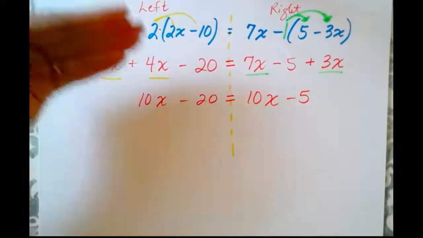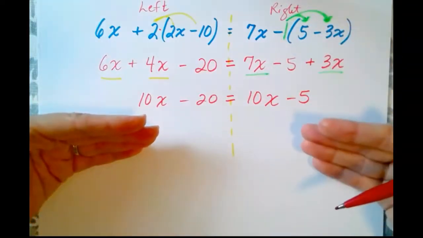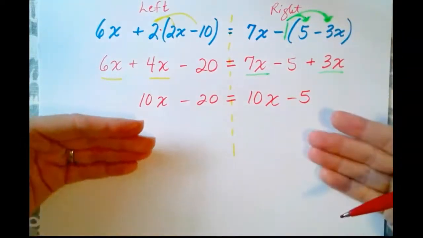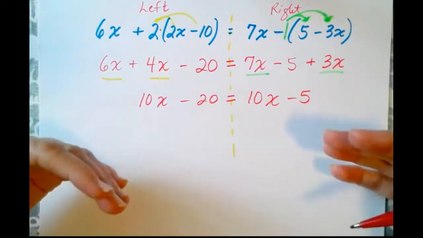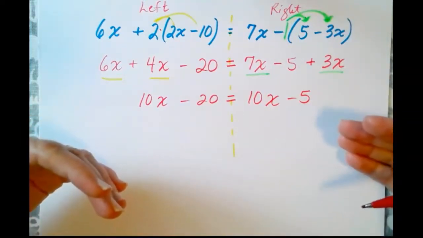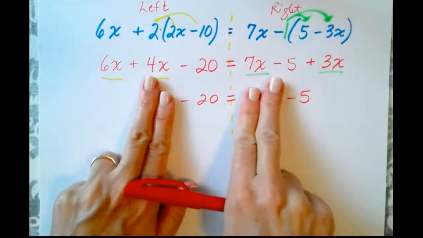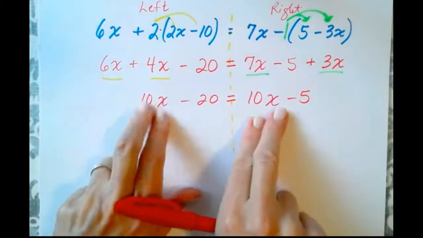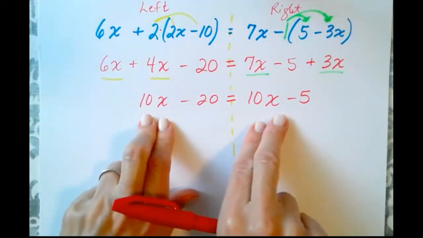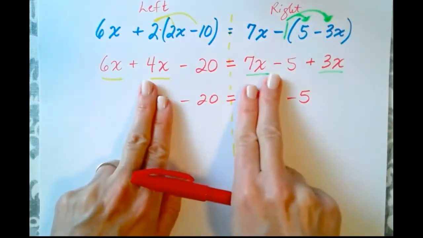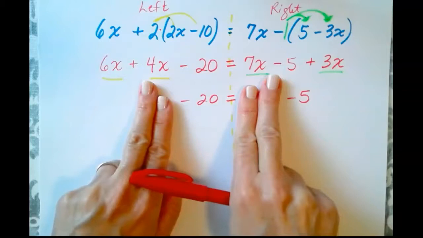Now that we've got the left-hand side simplified, the right-hand side simplified, let's take a look here. Don't just march ahead without considering what's actually given in this situation. The situation is like the previous problem in that if we take away that 10x from both sides, which we can totally do, that's just using the subtraction property of equality, we end up with a statement that says -20 is equal to -5.